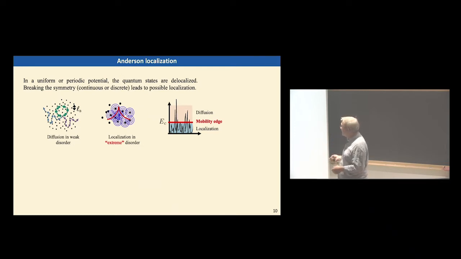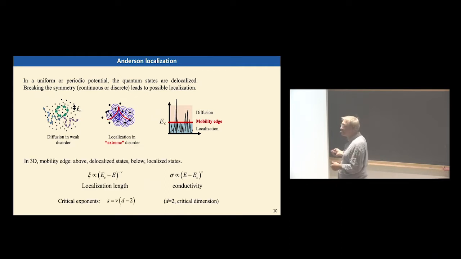There is this separation between the modes that are localized at low energy and the modes that are diffusive at large energy. The transition is called the mobility edge.